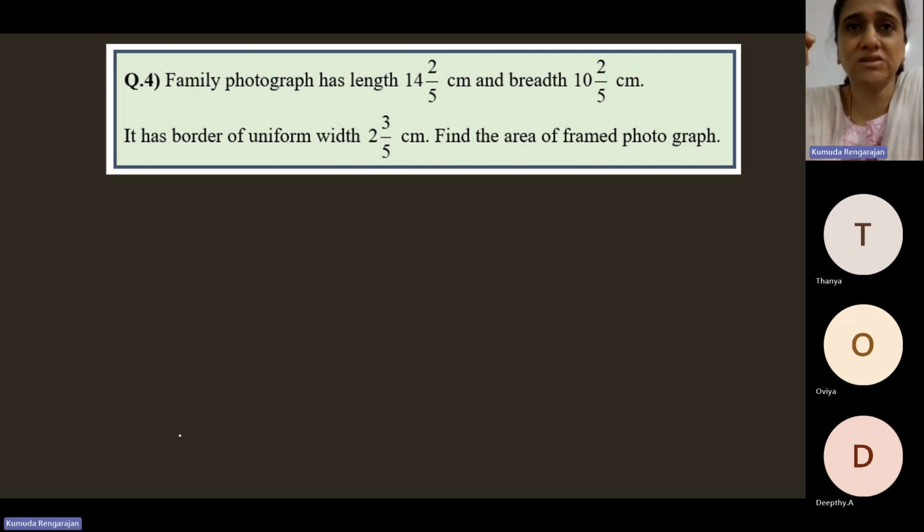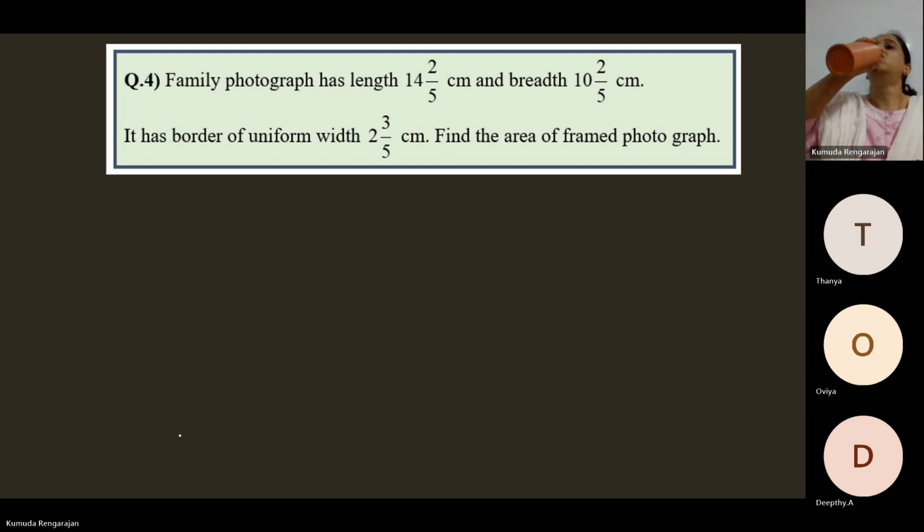If you've made mistakes here and there, you can just correct your answers. Now you've understood the whole thing, right? Yeah, please take down the question.